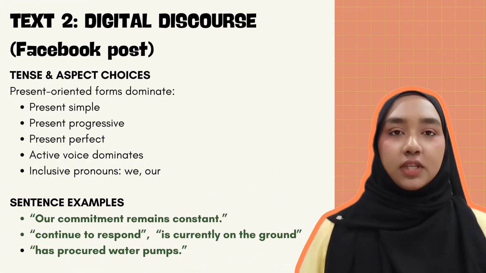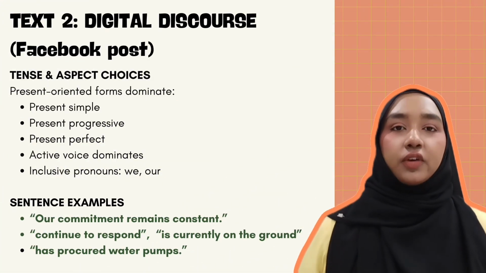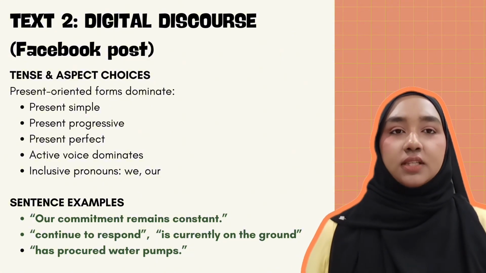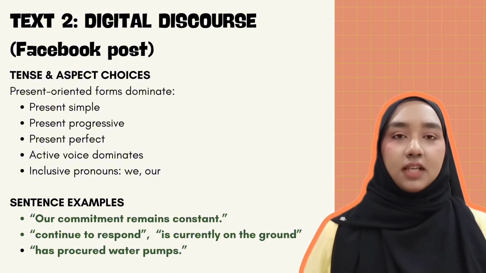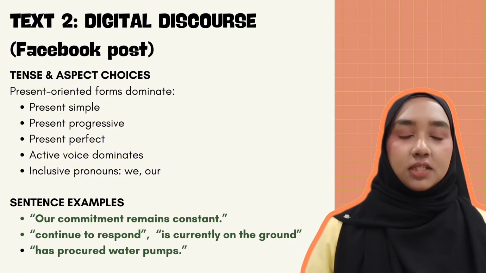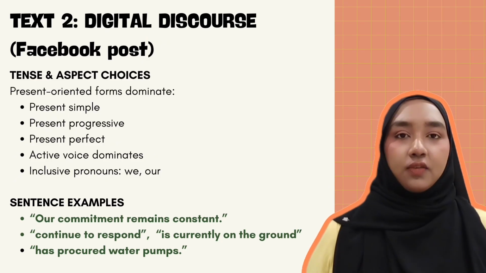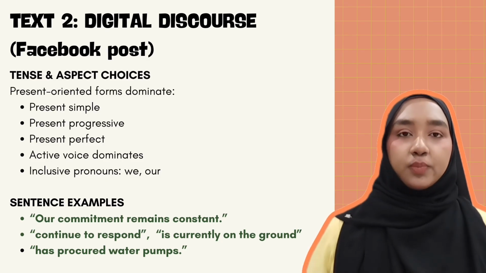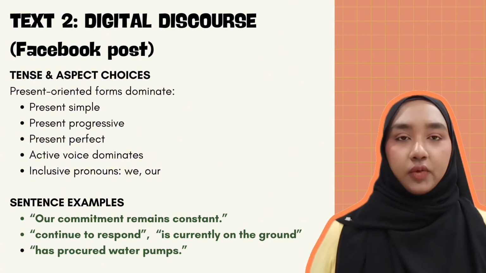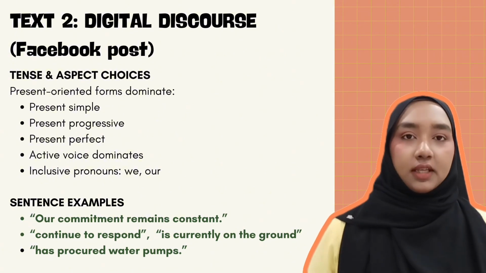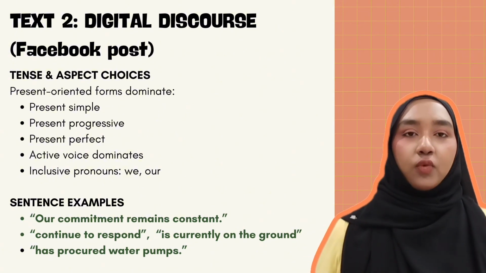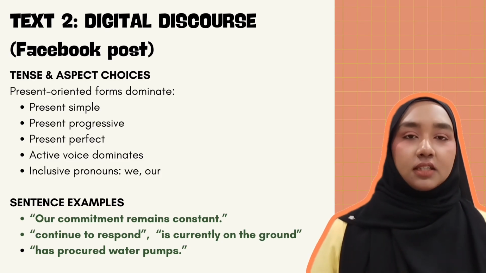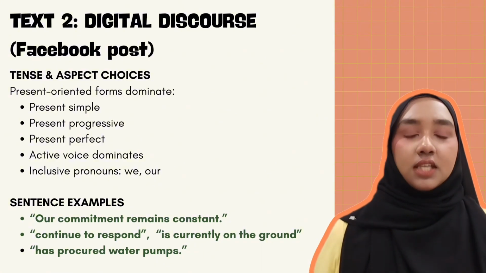The Facebook post employs a range of present-oriented forms, including the present simple, as seen in phrases like "our commitment remains constant," the present progressive, as in "continue to respond" and "is currently on the ground," and the present perfect, as in "has procured water pumps." The present progressive is particularly salient as it highlights ongoing action, creating a sense of immediacy and relevance.